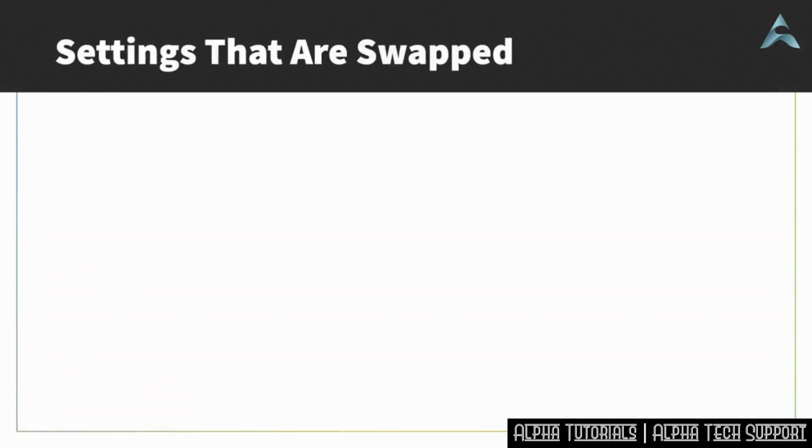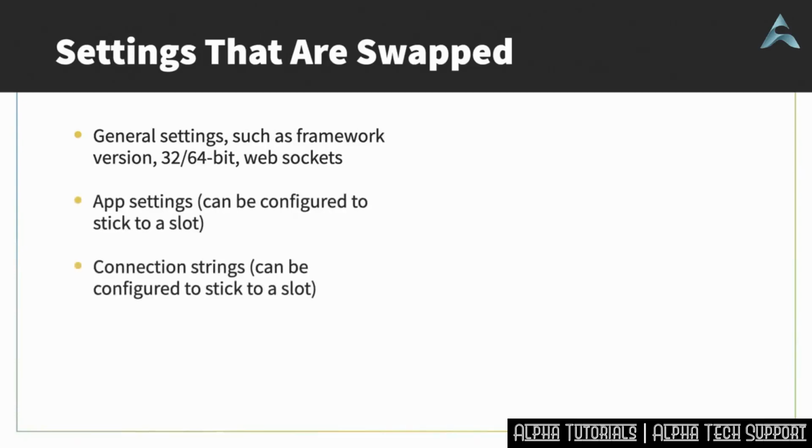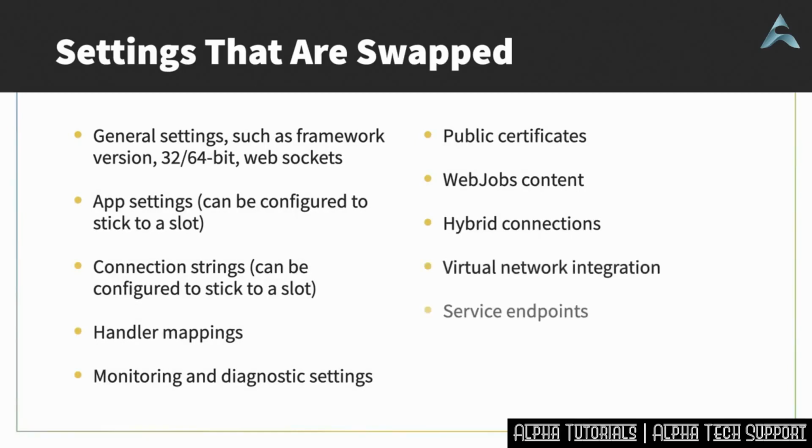There are some settings that can be swapped: general settings like the framework version, which was the example I told you, app settings, connection strings, handler mappings, public certificates, service endpoints, Azure CDNs. All of those can be swapped.